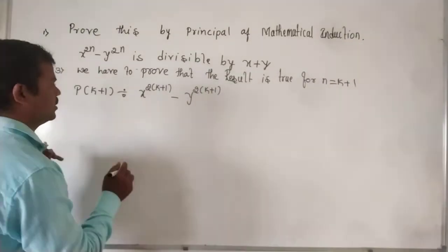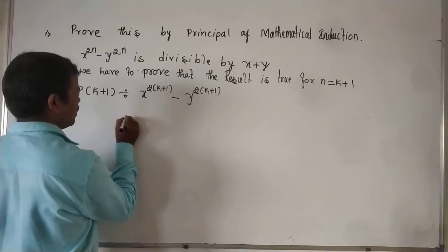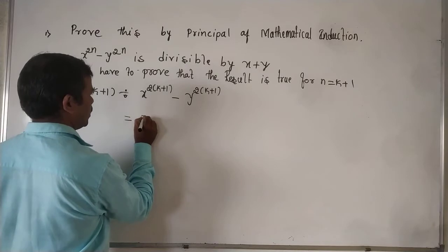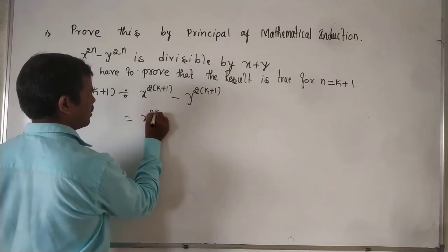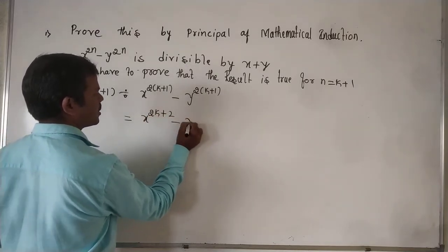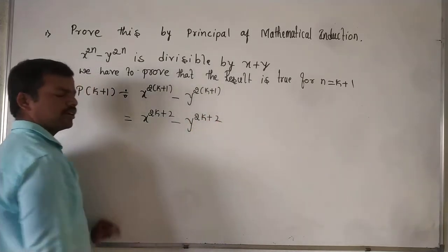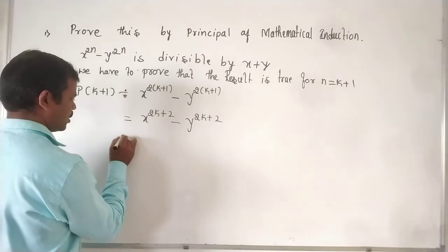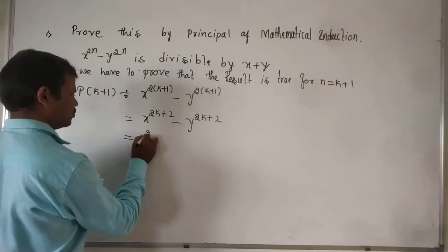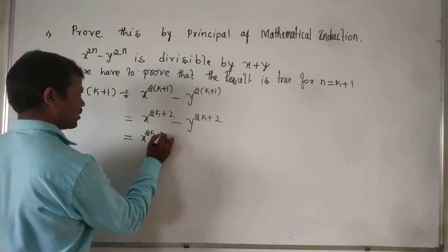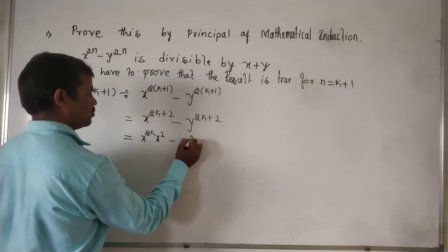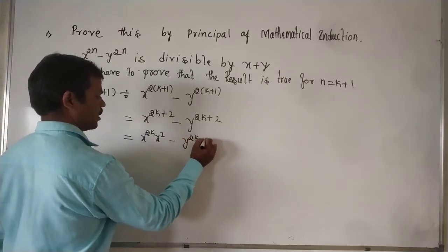So we get x raised to 2k plus 2 minus y raised to 2k plus 2. According to the theory of indices we can write x raised to 2k times x square, minus y raised to 2k times y square.